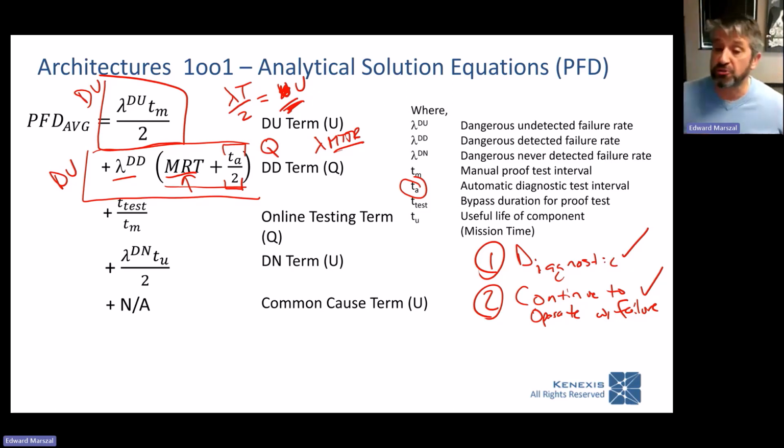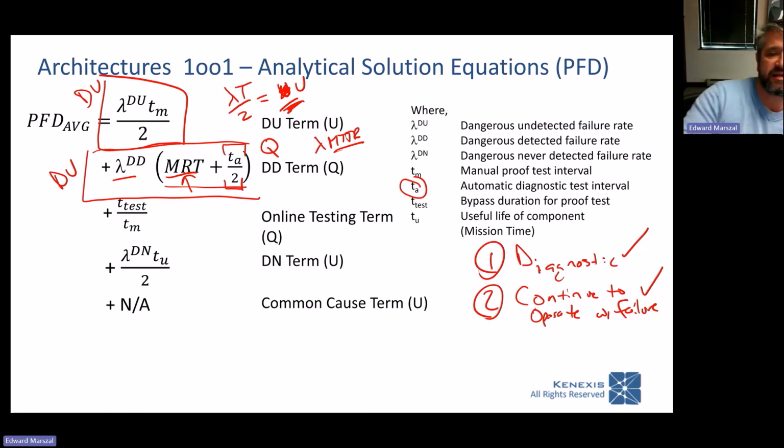But if you're doing a partial stroke test that takes a long time, a week, a month, a quarter, now it becomes relevant. Okay, so the DU term is the unavailability associated with a failure I know is present, but it's going to take me a certain amount of time to fix that failure. And during that time frame, I'm continuing to operate.